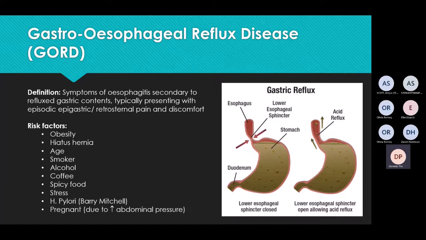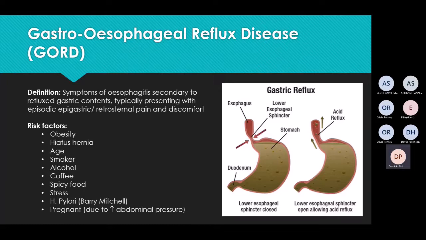Risk factors for this include obesity, and a condition called a hiatus hernia, which is essentially where part of the stomach protrudes through the diaphragm. The lower esophageal sphincter tone is lost, and the muscle doesn't work that effectively, and it's quite commonly associated with acid reflux.